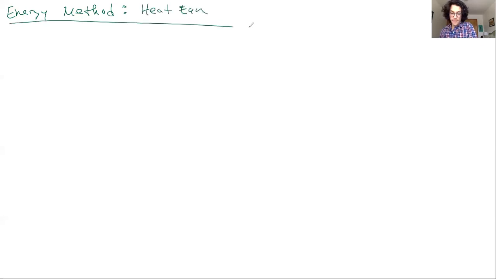Let's move now to methods for proving uniqueness in the case of the heat equation, okay? So remember that what we have is that solutions in general to the heat equation are given by this convolution of the fundamental solution with our initial condition, okay?